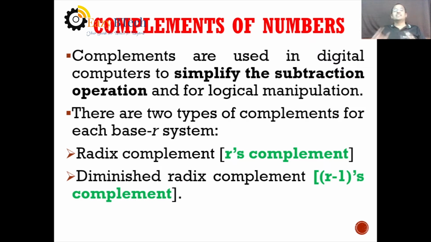Now we will see complements of a number. These complements of a number are used to represent signed numbers. What are complements and what is their use? Complements are used in digital systems to simplify the subtraction operation. This is one of the applications of the complements of a number.